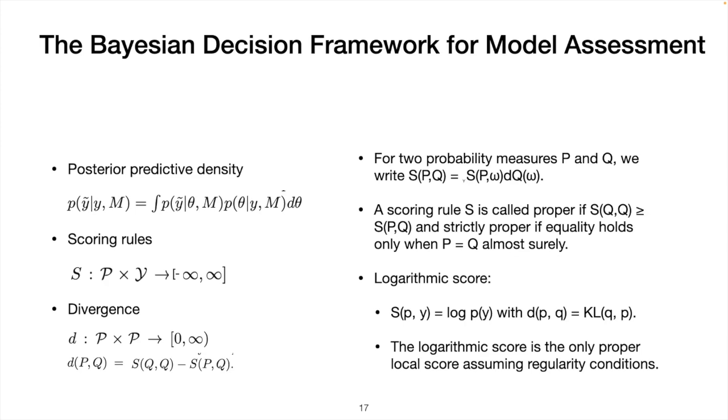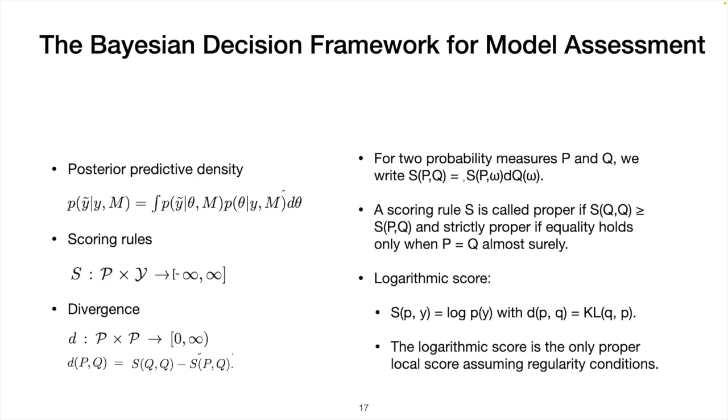Can you give some intuition why? Like, why does it have to be logarithm? It could be so many other things, which are also smooth. Yeah, but it turns out you can prove that the logarithm score is the only proper scoring rule that is local.